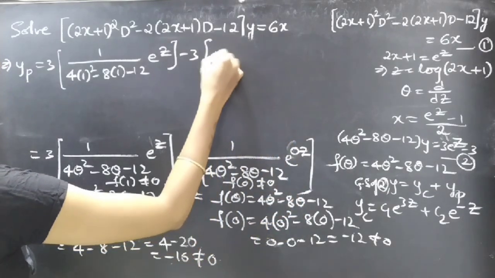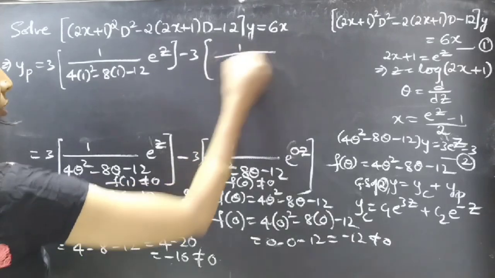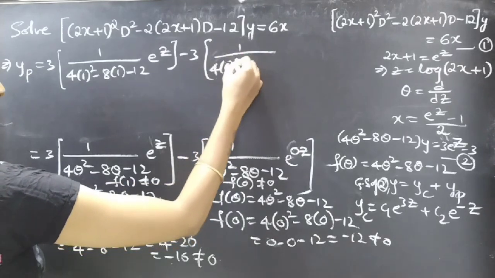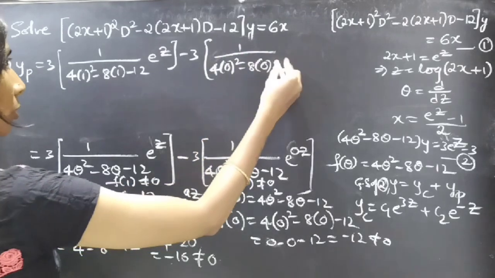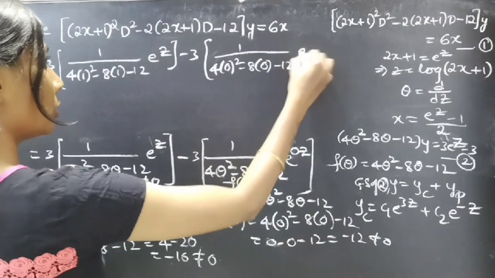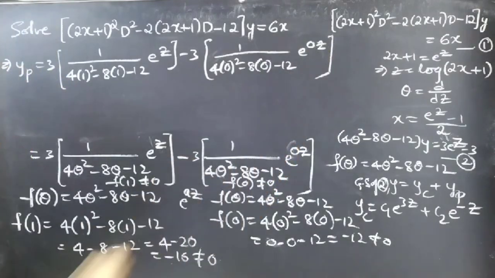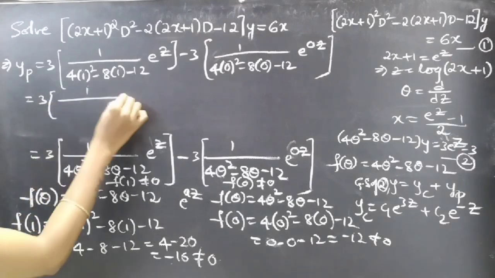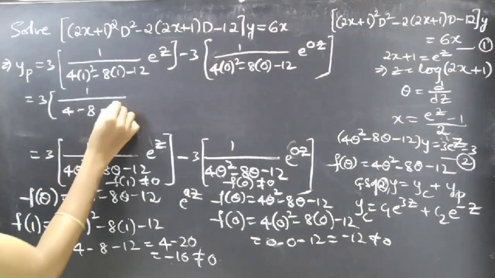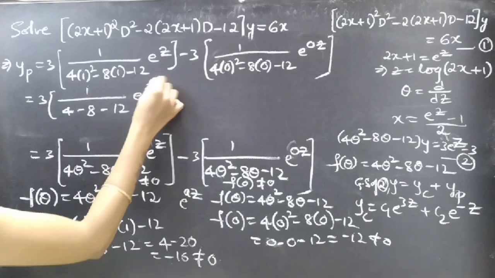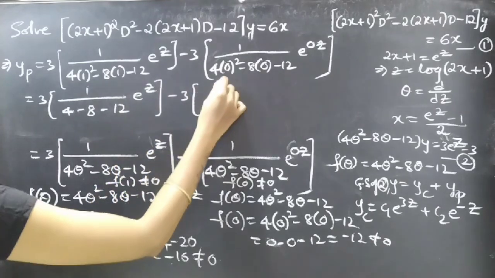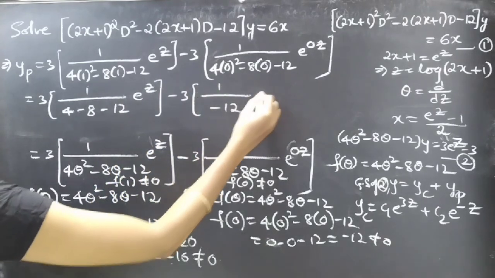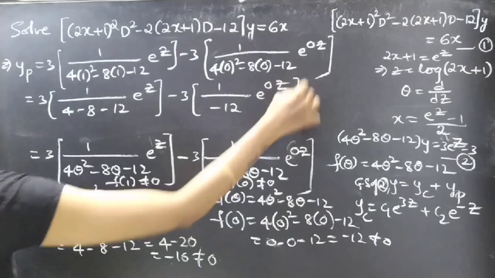We'll get 1 by 4 into 0 square minus 8 into 0 minus 12 into e power 0 z. This gives us 3 into 1 by 4 minus 8 minus 12 into e power z, minus 3 into 1 by minus 12 into e power 0 z.